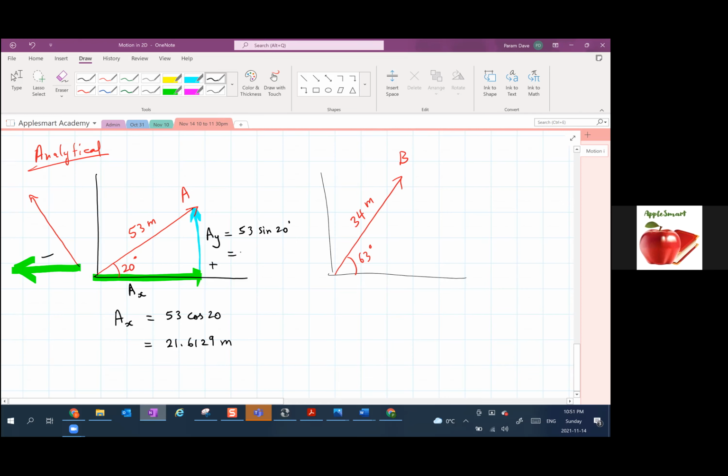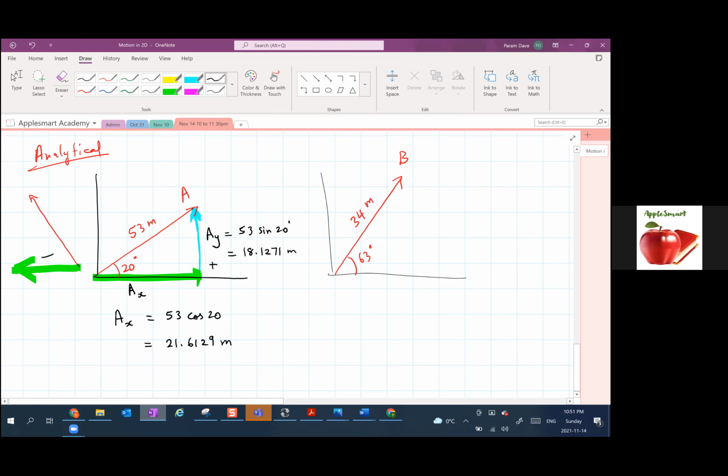So 53 sine 20. Anybody? 18.1271. Perfect. 18.1271 meters, and it is going up, and so it's going to stay as positive.